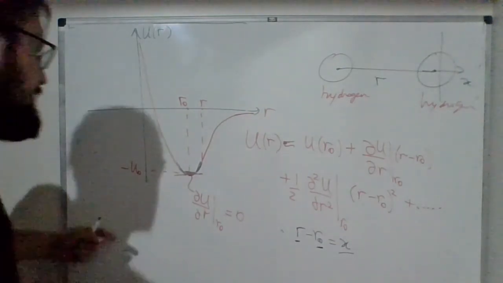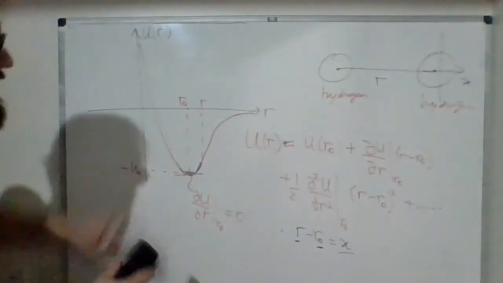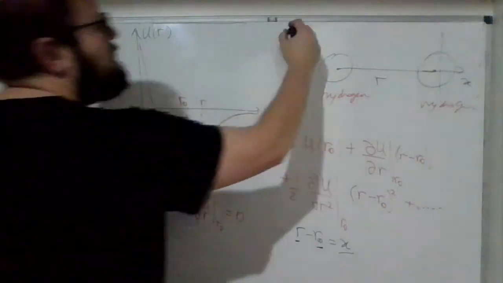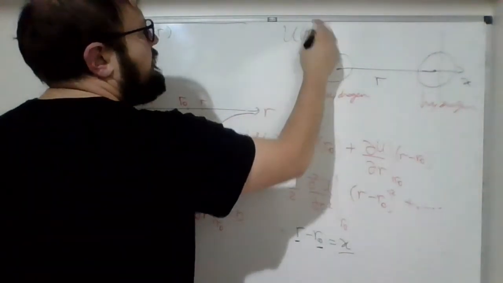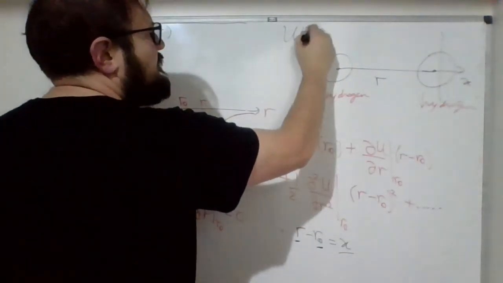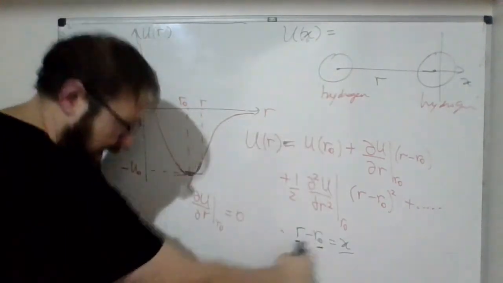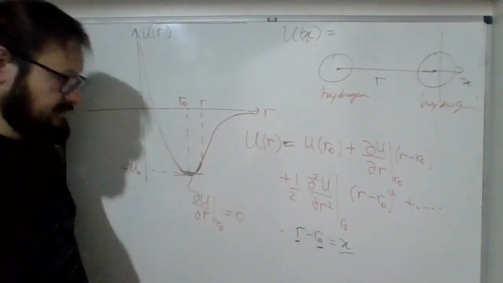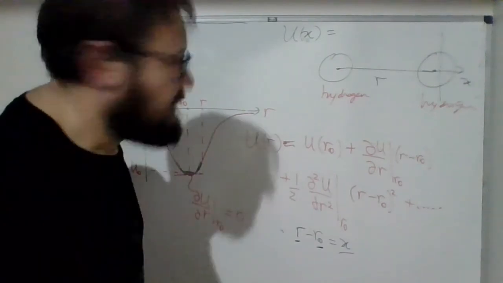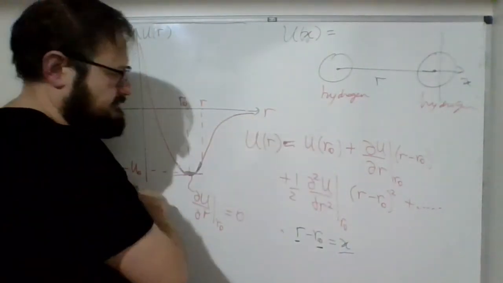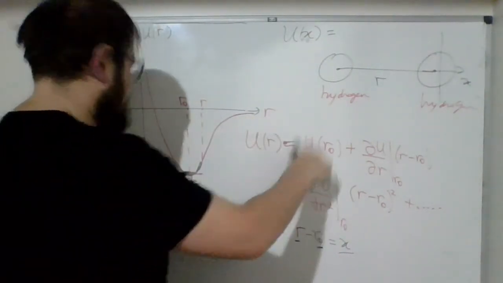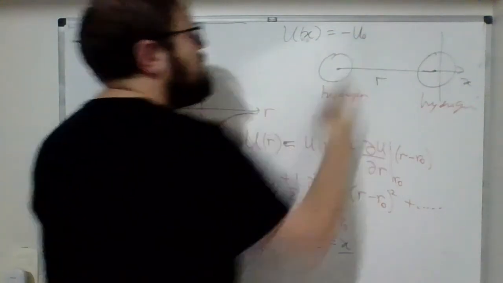All right? This way, near the equilibrium, your potential energy will become a function of x, which corresponds to the difference. So this is a Taylor series. And the energy at the equilibrium point here is some minus u naught, right?